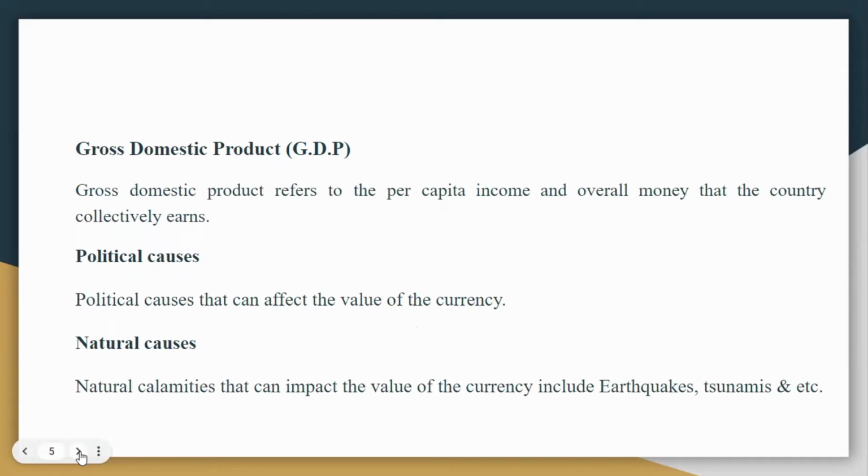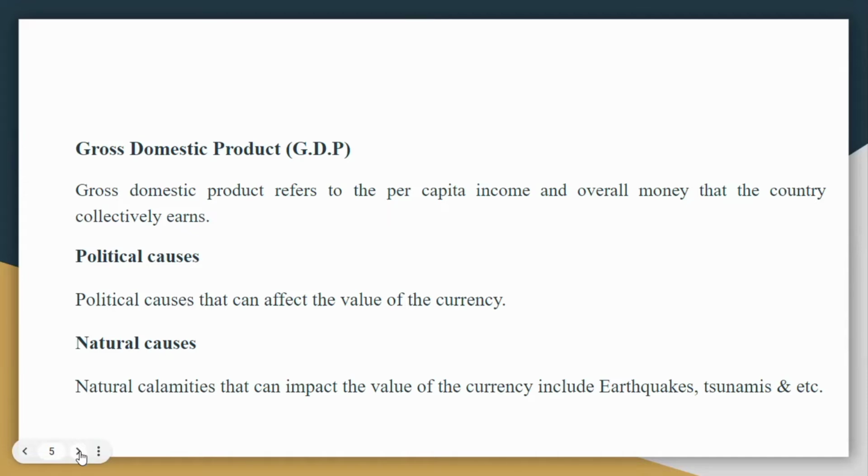Some say a rise in GDP is a good sign of economic stability. On the other hand, some look at it as a bad thing, as consumer goods prices rise, which again impacts the currency value negatively. So a good GDP shows a strong currency.